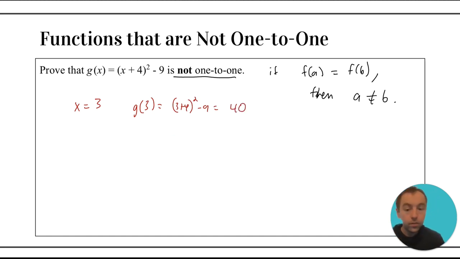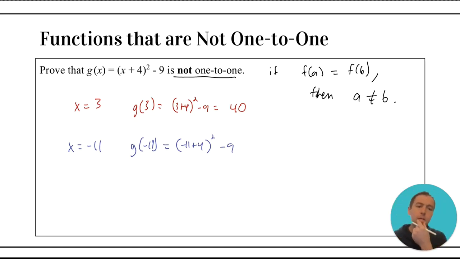So we get a y value of 40, right? But also, if we had x equals negative 11, then g of negative 11 would be equal to negative 11 plus 4 squared minus 9. Negative 11 plus 4 is negative 7, but squared gives us a positive 49, and then subtracting 9 gives us 40 again.